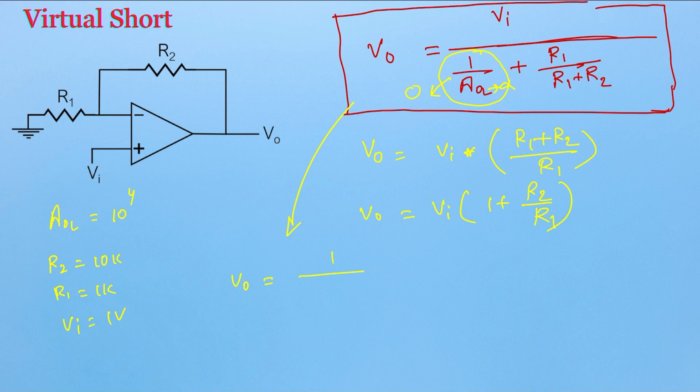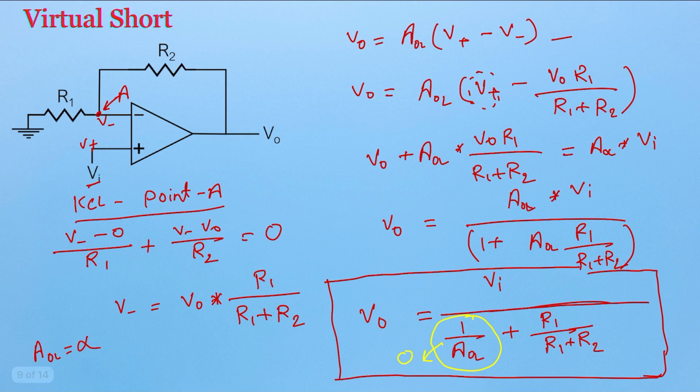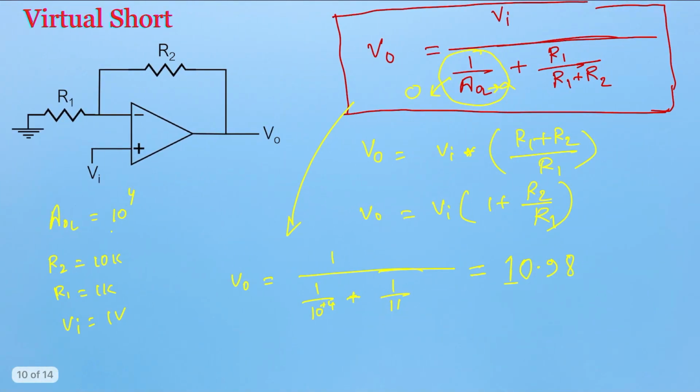Then V0 is equal to 1 volt divided by (1 by 10 to the power 4 plus 1 by 11), since R1 by R1 plus R2 is 1k by 11k. If we solve this, we get 10.98. So if we didn't consider the virtual short, and the AOL value is 10 to the power 4, then we get 10.98.